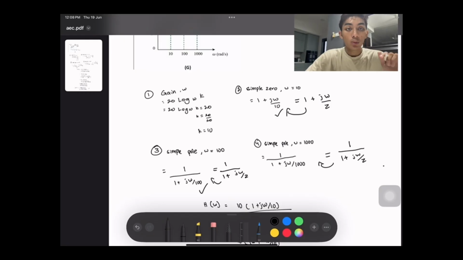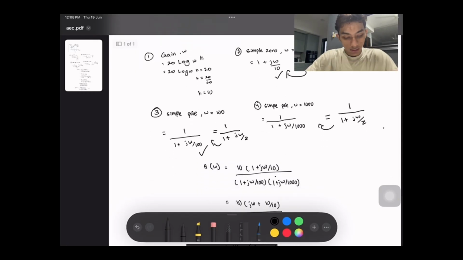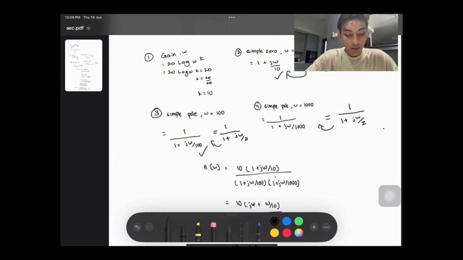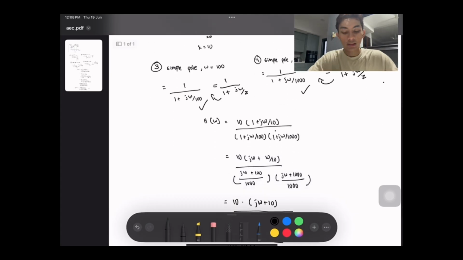The omega will be 1000. The formula is the same as the third line, which is 1 over 1 plus j omega divided by z. Just change the z to 1000. So it will be 1 over 1 plus j omega divided by 1000.